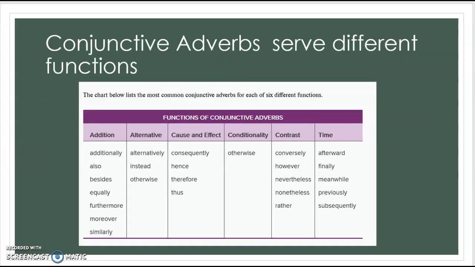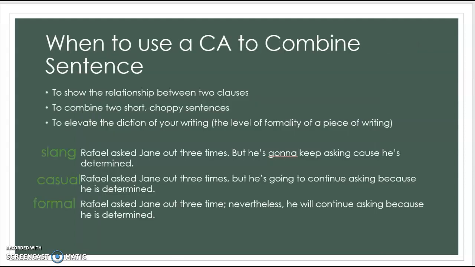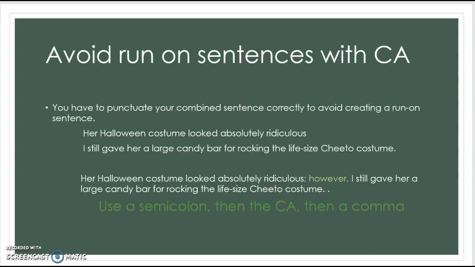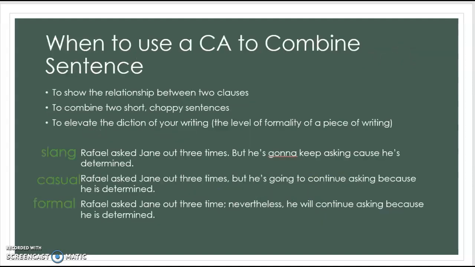So it's semicolon, additionally, comma, semicolon, furthermore, comma, semicolon, conversely, comma, semicolon, however, comma. You want to make sure that you are punctuating them correctly. Fanboys has a comma. Dependent words sometimes have a comma, depending on where it is in the sentence. And conjunctive adverbs have semicolon, conjunctive adverb, comma.